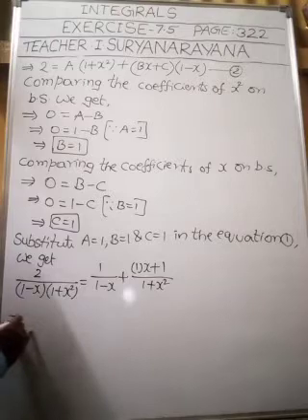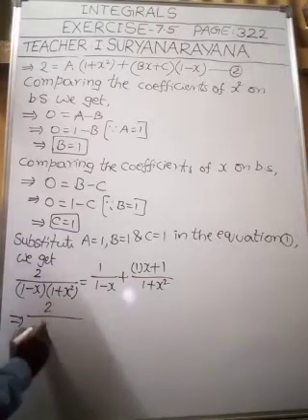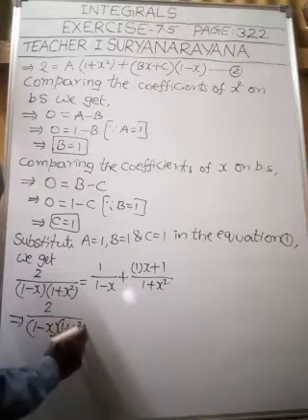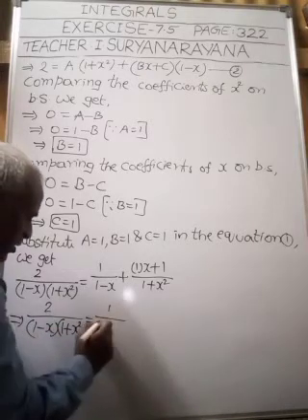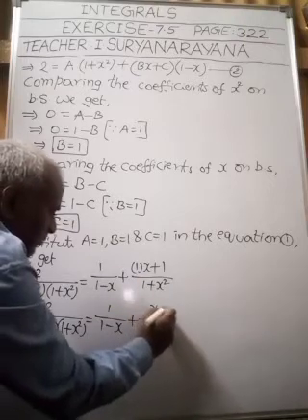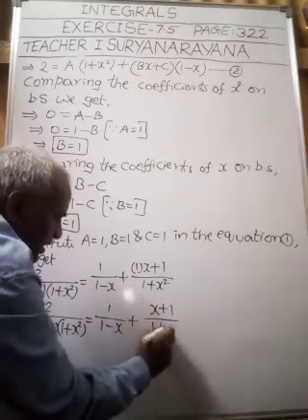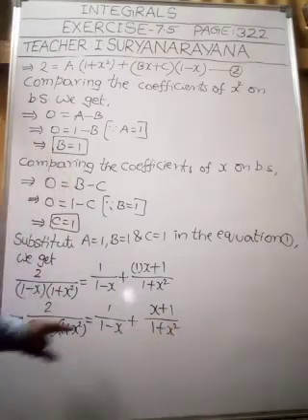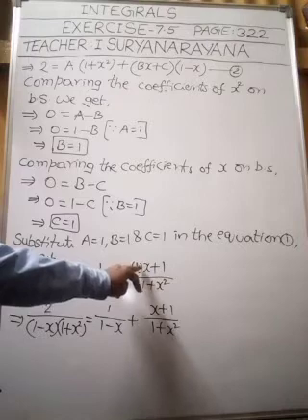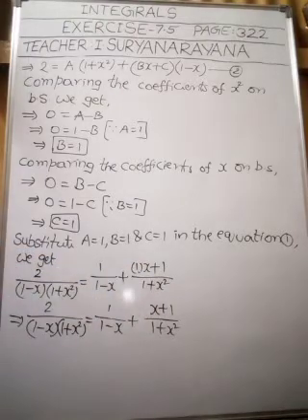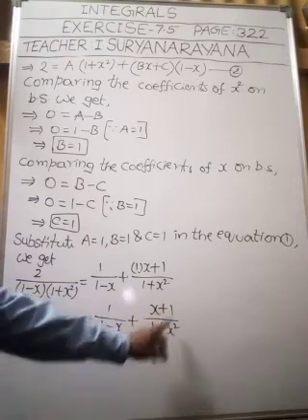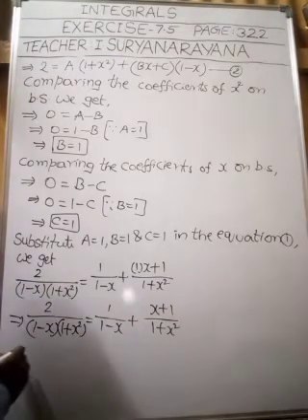This implies 2 by (1 minus x) into (1 plus x square) is equal to 1 by 1 minus x plus 1 by 1 plus x square. Okay, my children, understood this step? We just simplified this term and wrote it. Now let us split into two fractions. This also, let us split into two fractions.